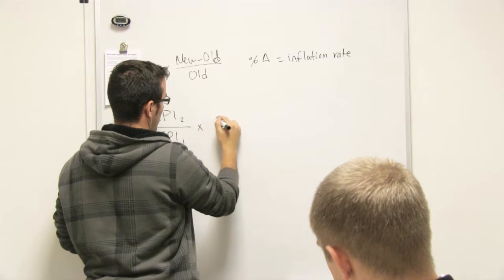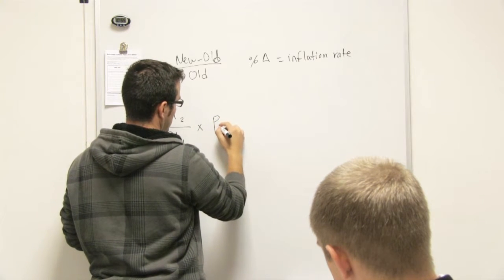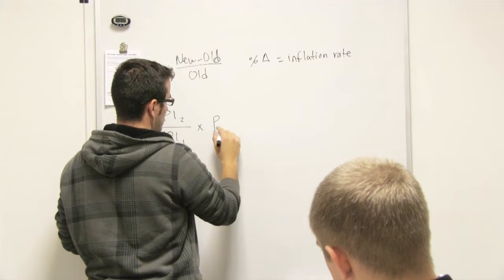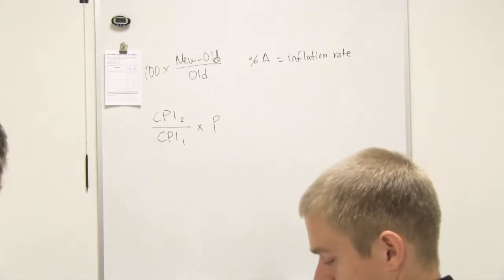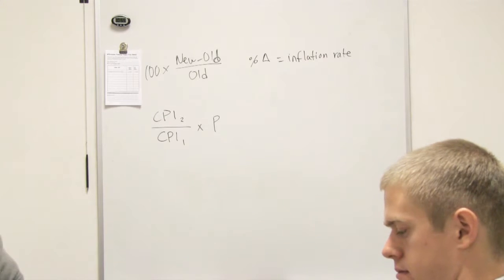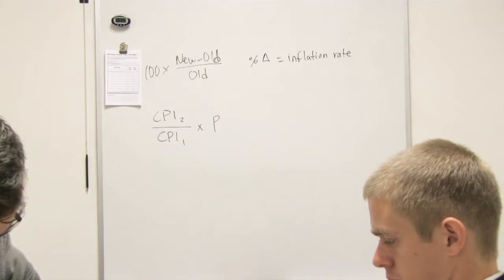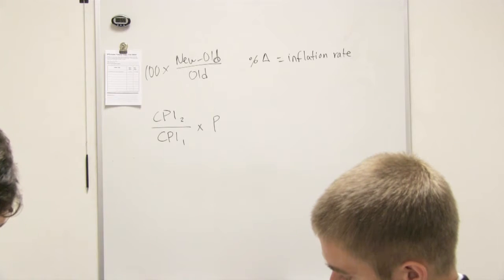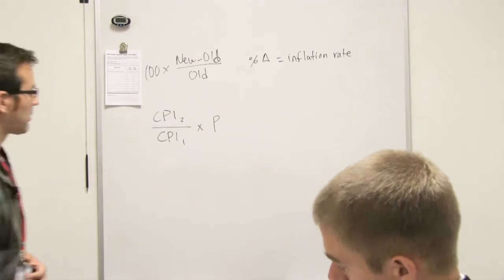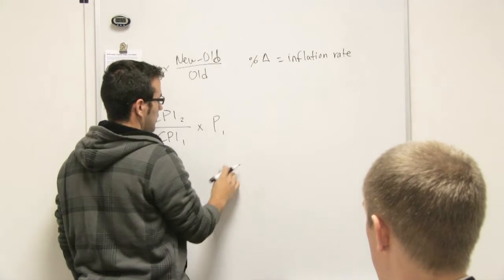And then we multiply that by the price of year, let's see, I guess that's using this equation. Write it up whichever way makes most sense to you on the card, so that you can use it. But here it's saying price level today, price level earlier time, and then times that by the price level of that earlier time.